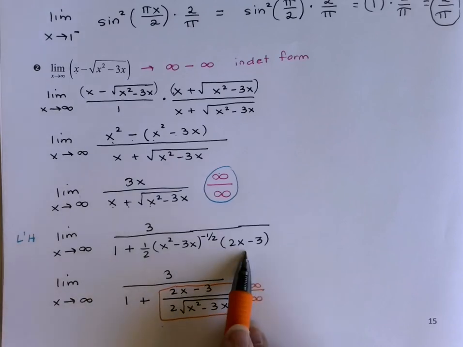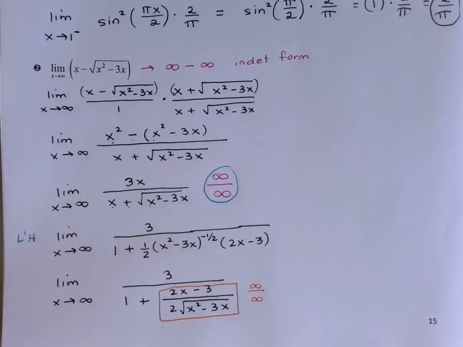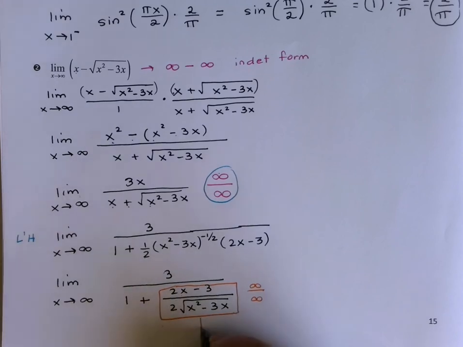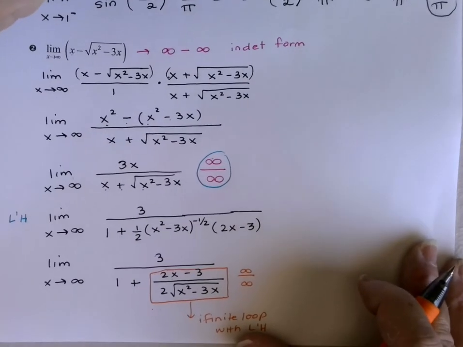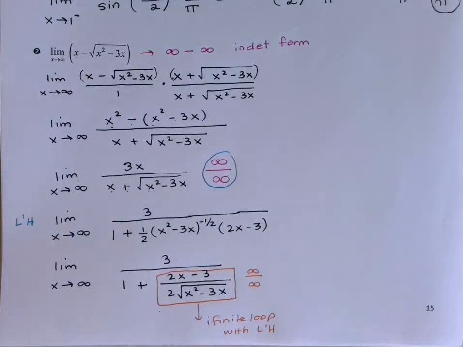And because of the chain rule, the 2x minus 3 will be on the other side of it. So this is going to get me into sort of an infinite loop. With L'Hopital's rule, I'll continue to get that infinity over infinity over and over again.